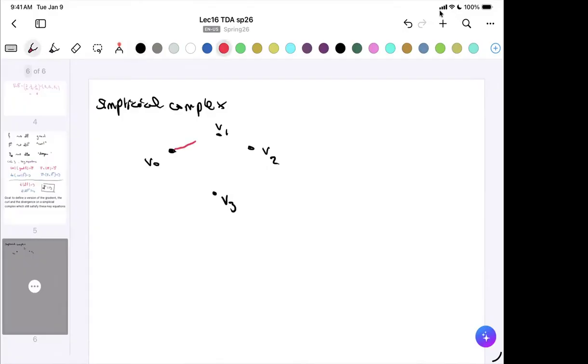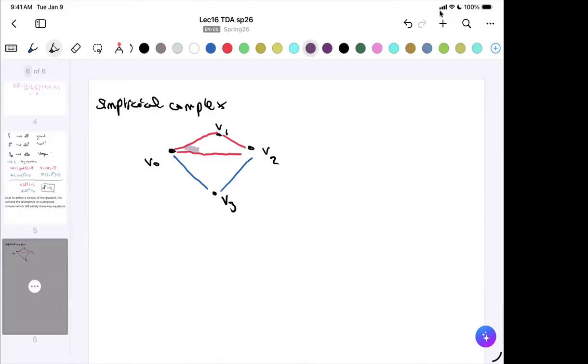Then you have these edges between the vertices, and one of these gets filled in with a triangle. So as a picture, that's what the simplicial complex would correspond to.